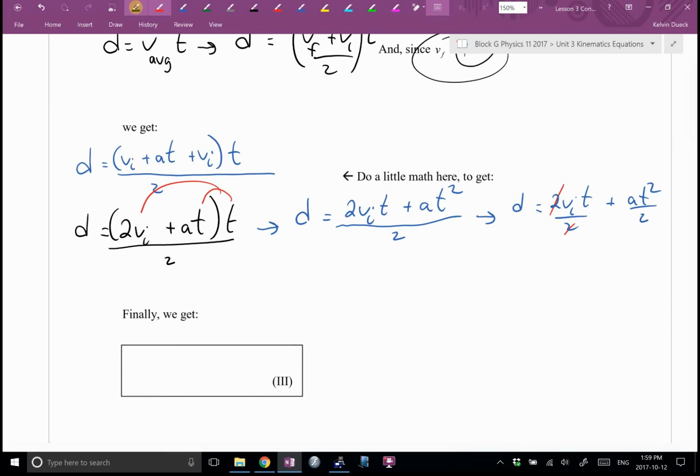It looks like this. D equals VIT, because the 2 canceled, plus, instead of writing AT squared over 2, instead of dividing by 2 is the same as multiplying by what? If you're not sure, look at your green sheet and figure it out. Dividing by 2 is the same as multiplying by what?